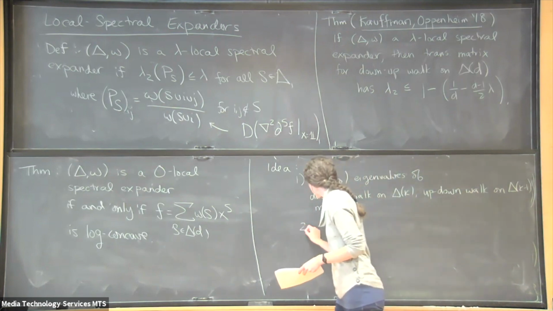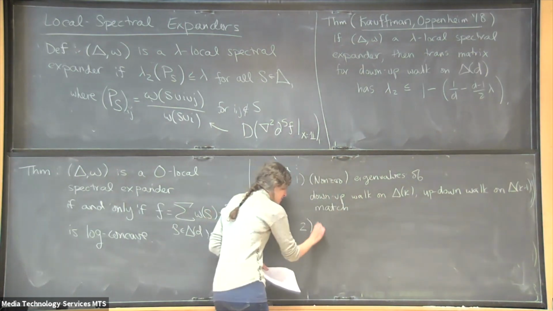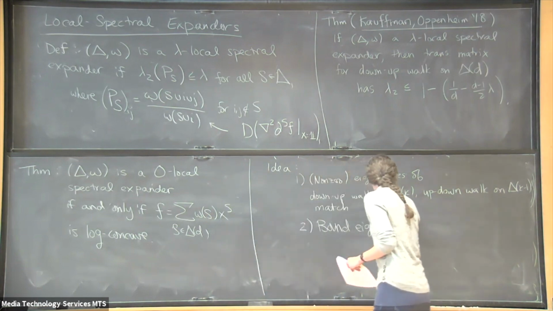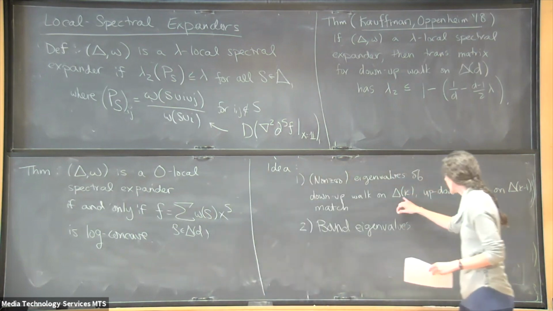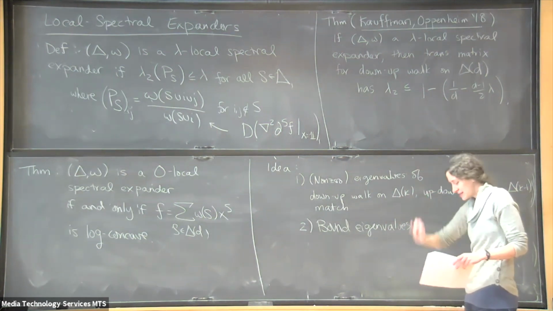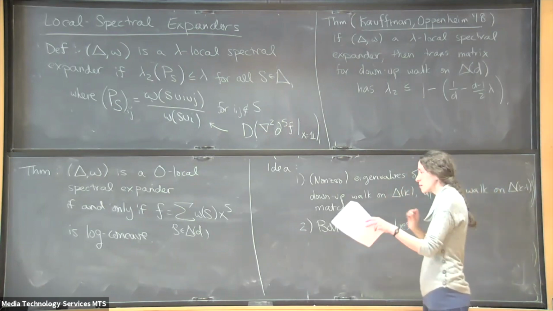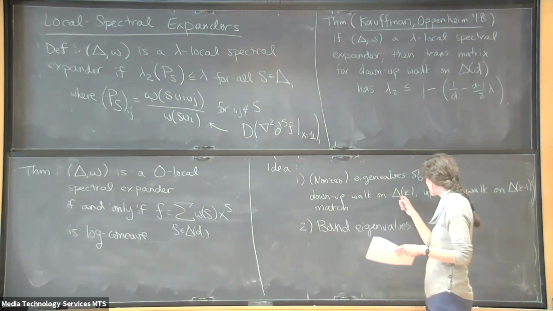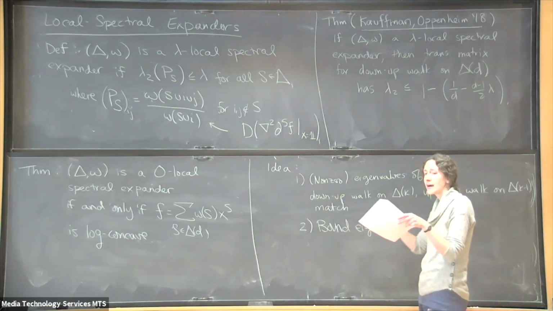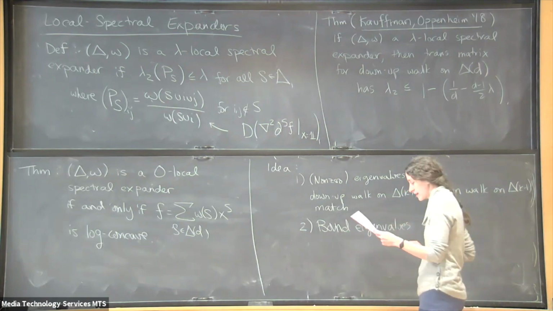And then also, you can bound the eigenvalues for the two different walks you get on delta k, adding and subtracting. So removing and then adding, or adding and then removing. Those two both define random walks on subsets of size k, and you can bound the eigenvalues of their transition matrices in terms of each other.